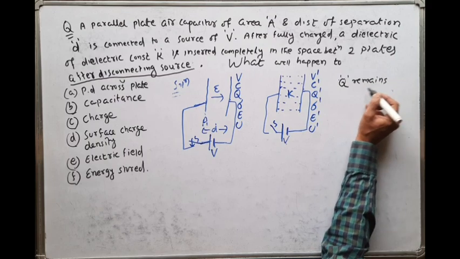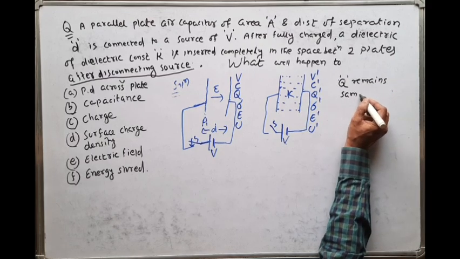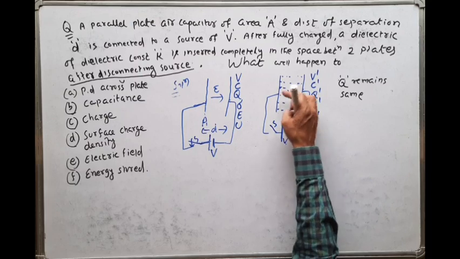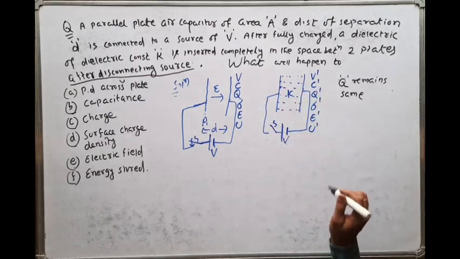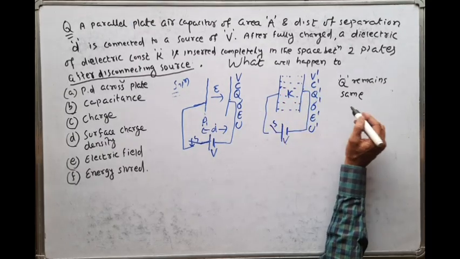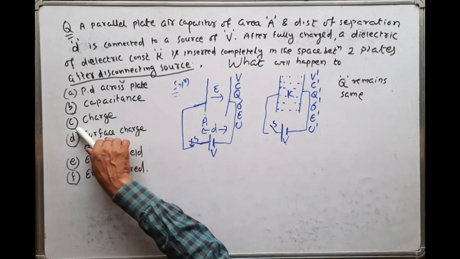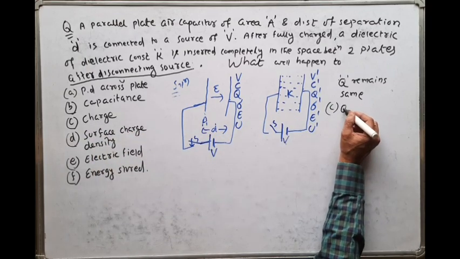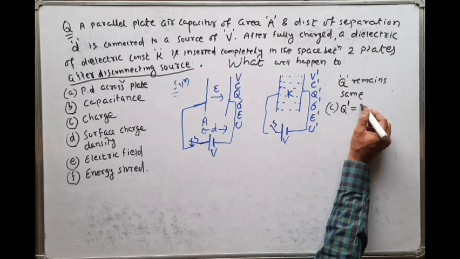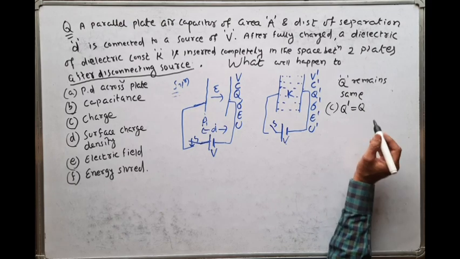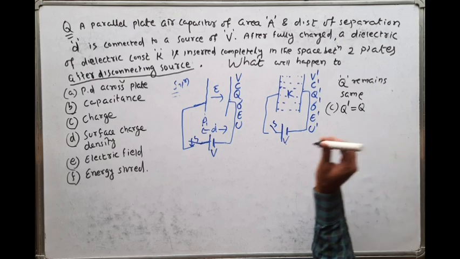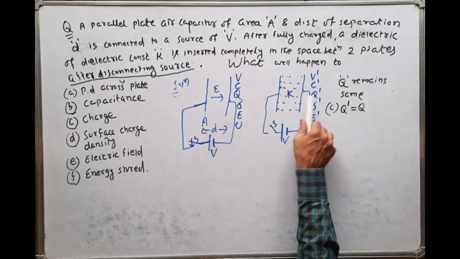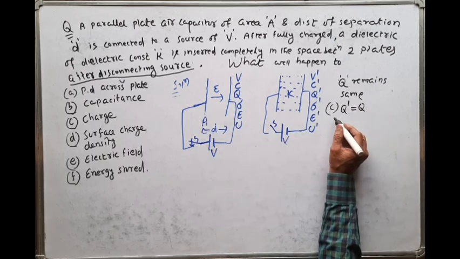Charge does not change here because there is no path to share or distribute the charge. So for the C bit answer, the final charge Q dash will remain the same as the initial charge. In the previous case voltage remained the same, but here charge will remain the same.